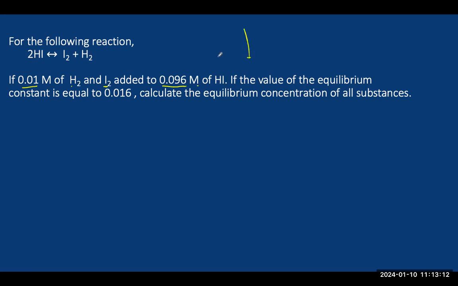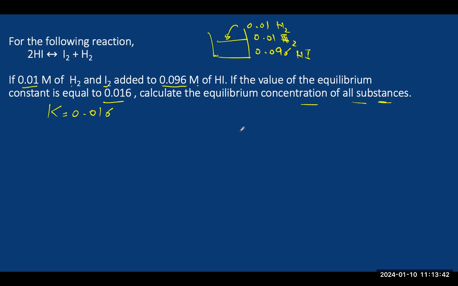So we will have a beaker, and inside this beaker we put 0.01 of H2, 0.01 of I2, and 0.096 of HI. First, do we have an equilibrium or not? We can't tell up to this point because we need more information. What they give us is the value of the equilibrium constant, K equals 0.016. Calculate the equilibrium concentration of all the substances.